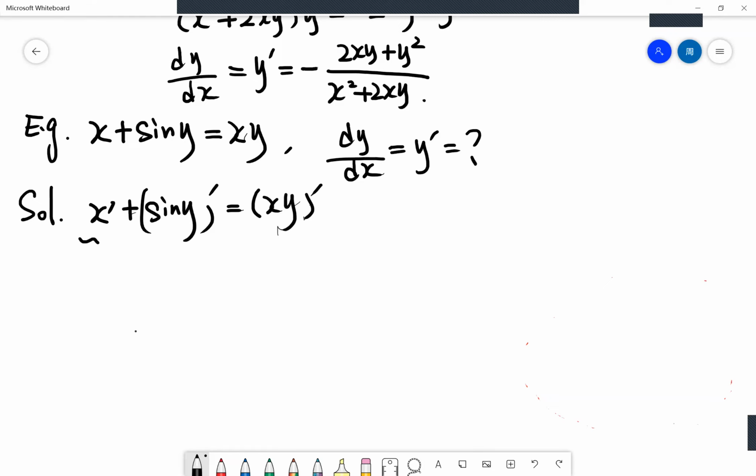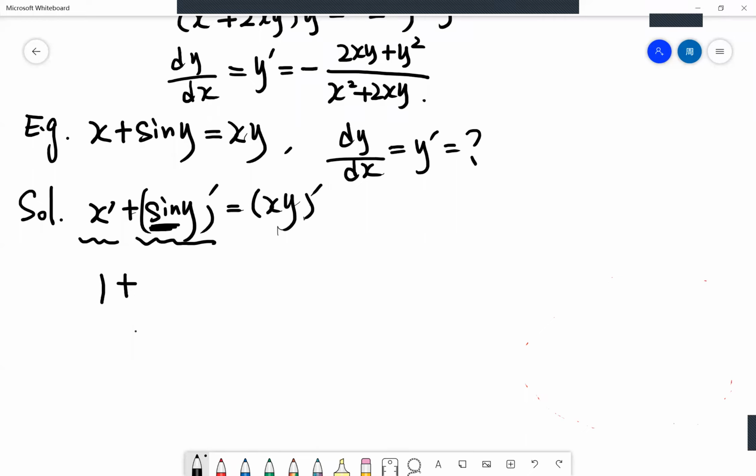And the first part, I think you can understand. x prime, that means 1, right? And plus the second one. The second one here, y equals f of x. And outside, that is sine, right? So here we use the chain rule from outside to inside.